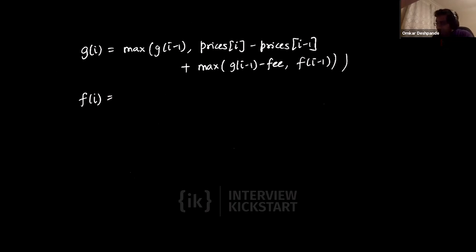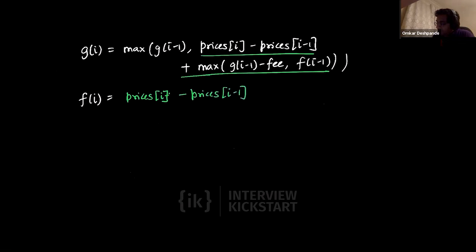So this part is basically what f is: prices of I minus prices of I minus 1 plus max of g of I minus 1 minus the fee and f of I minus 1.